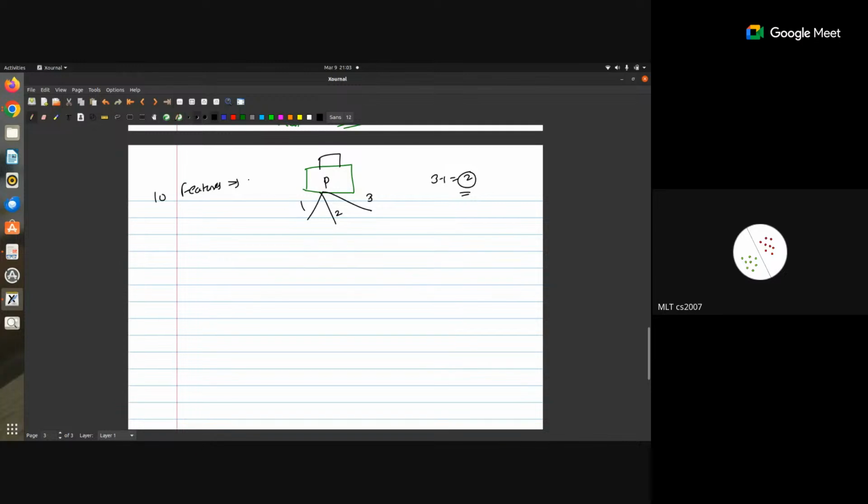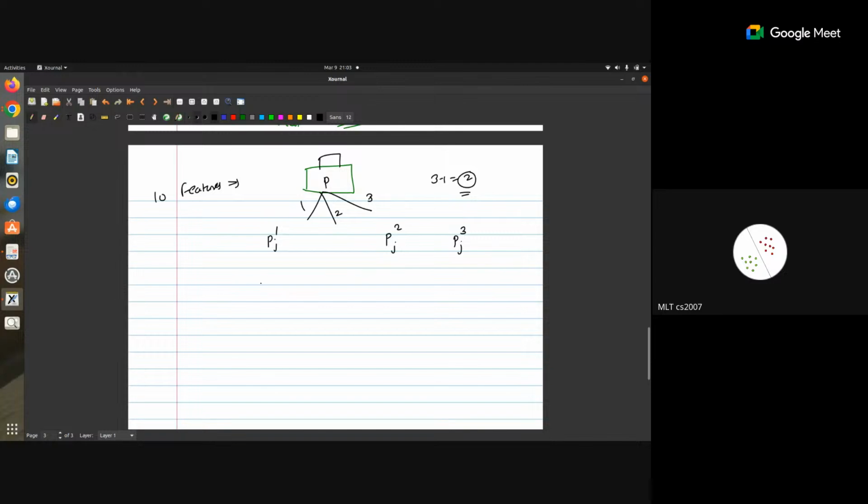We just used to have p0j or p1j. For the jth feature, what is the parameter for label 1, and for the jth feature, what is the parameter for label 0? But in this case, with three classes, it will be pj1, pj2, and pj3. Do you agree with this part? Yes, sir. For binary features, I'm talking about.